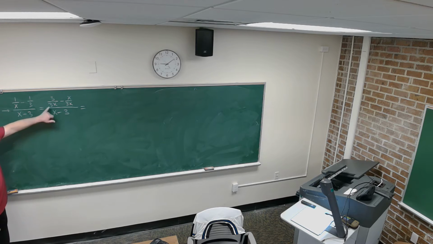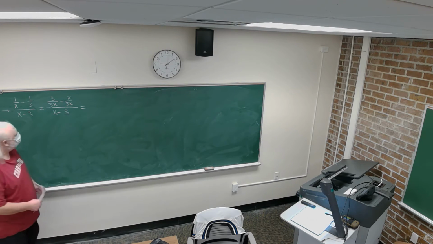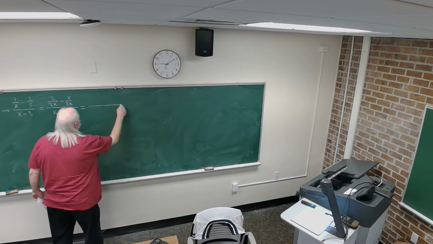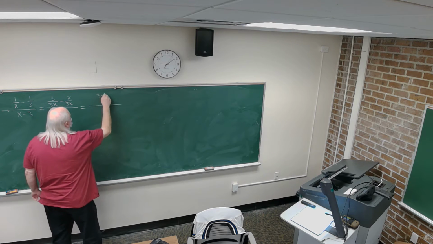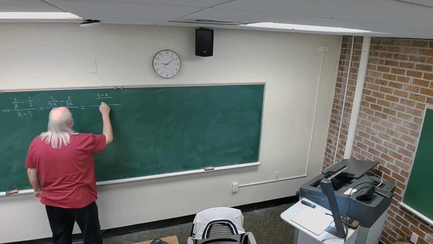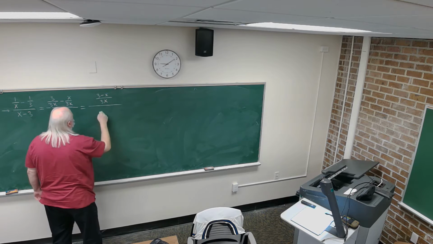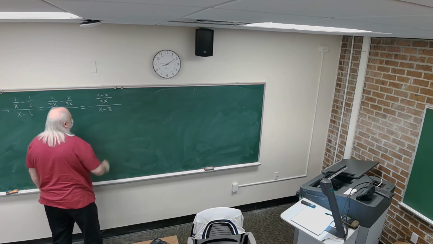Now in the main numerator, we're taking the difference of two quotients with the same denominator, so we can combine the numerators. And we have 3 minus x over 3x, all divided by x minus 3.